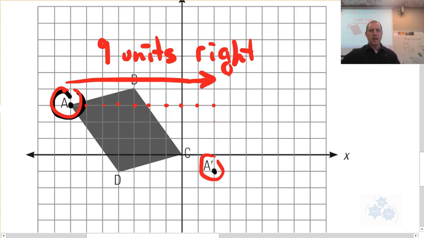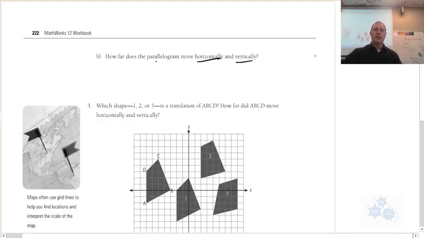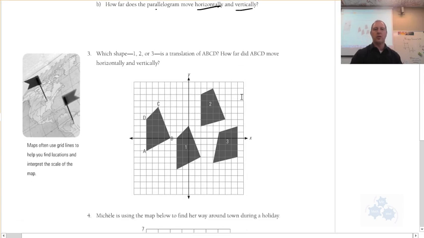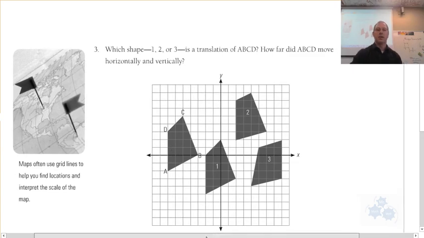We have to go down. 1, 2, 3, 4 units down. Does that make sense? That's the translation, right? So you finished the rest of that parallelogram, but I also want to go over really quickly a couple questions from this page, and then this will be the end of our lesson here, okay? So let's get through this.